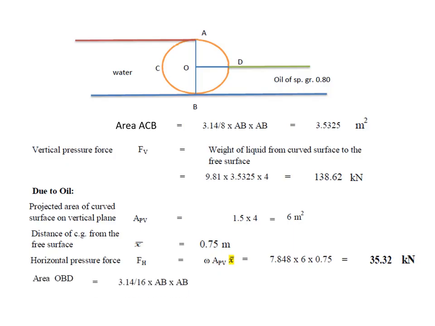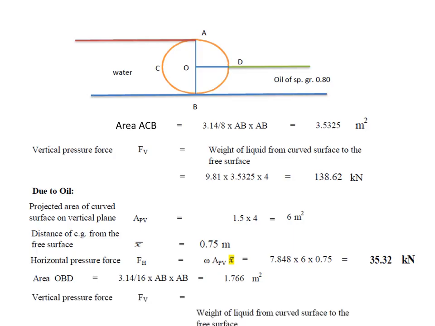Similarly, for area OBD, pi d square by 4 is for the circle, divided by 4 will give you pi d square by 16. So you know how to find the quadrant. Here d is 3 meters, so pi d square by 16 gives the area of the quadrant OBD. Now we know how to find the vertical pressure force.